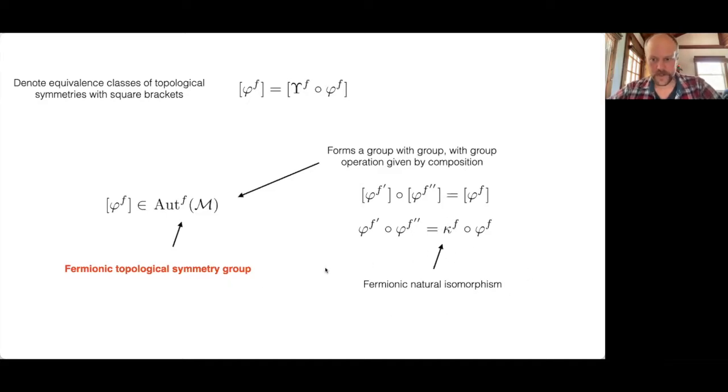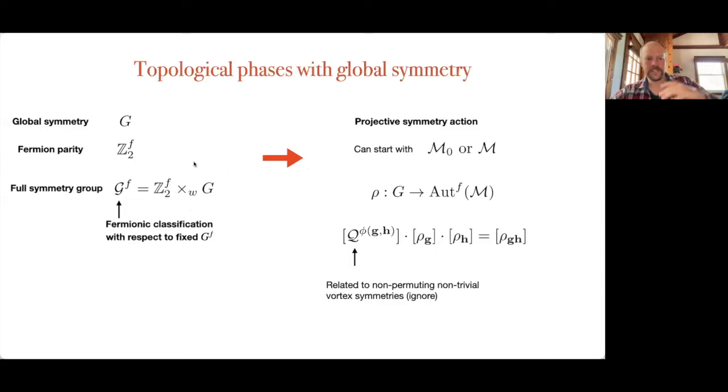All right, so now that we have the fermionic topological symmetry group, we can use that in order to construct G-symmetric fermionic phases. The starting data will be this global symmetry G. We'll also have this additional fermion parity symmetry, which is just saying the number of fermions in the system is conserved mod 2.